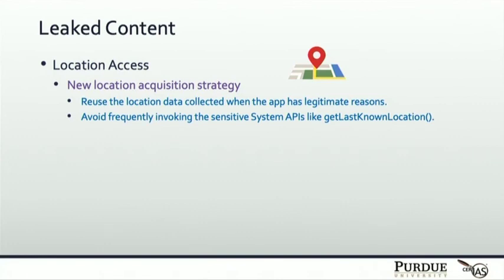Later, if the app or third-party library needs this location data, it will just send the previously saved information to the server, to avoid frequently invoking those sensitive system APIs, and hence avoid the user's awareness.